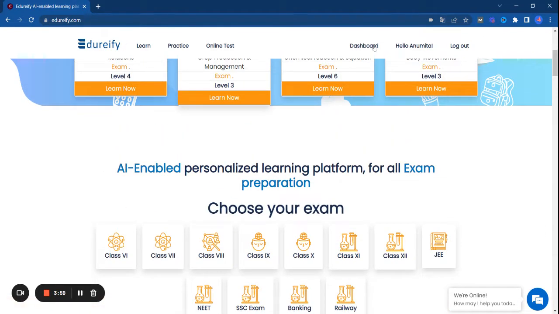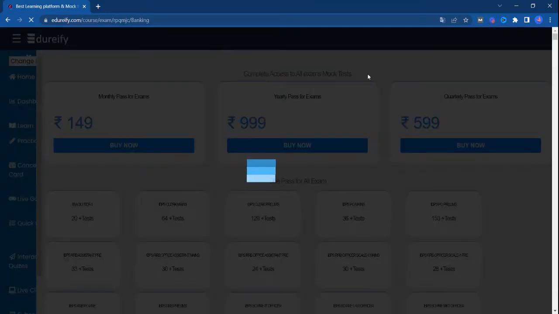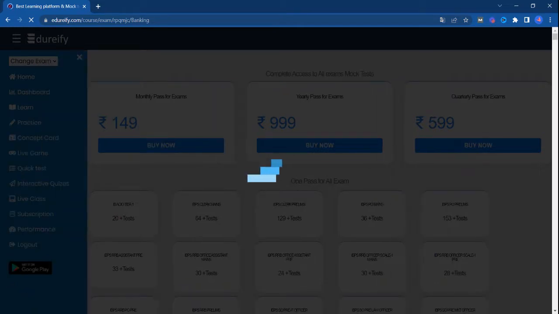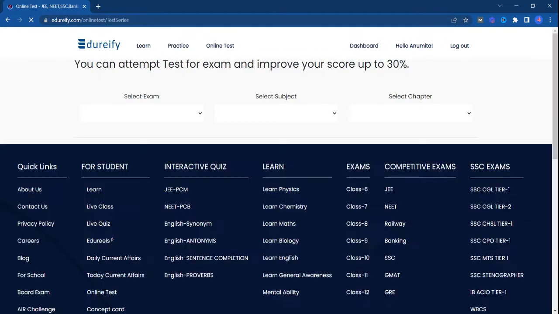Simply by clicking on our dashboard, you can choose the examination, and also you can click on online test, choose your exam, subject and chapter.